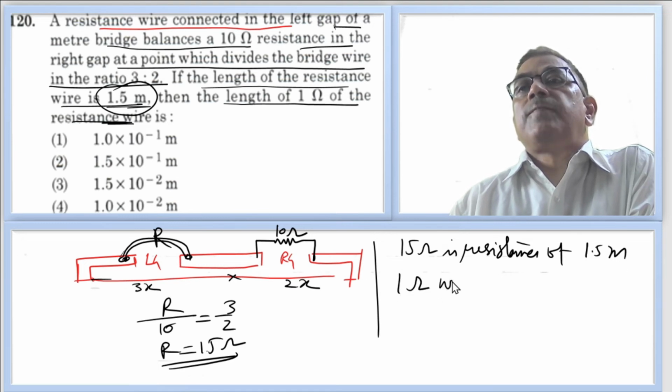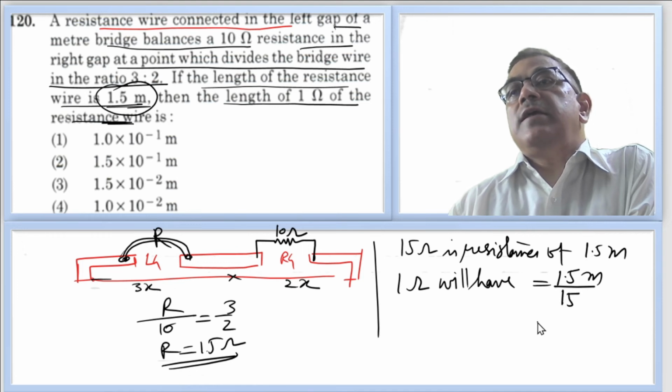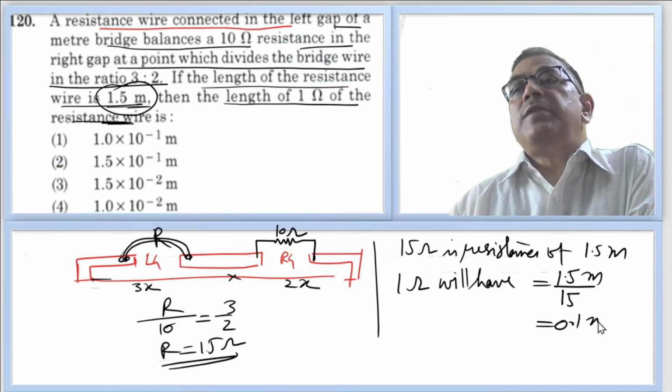So 1 ohm will have how much length? 1.5 meter upon 15, and this is equal to 0.1 meter.